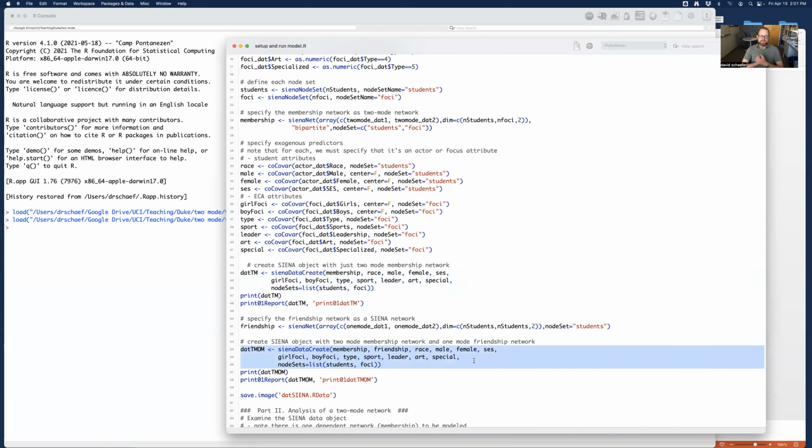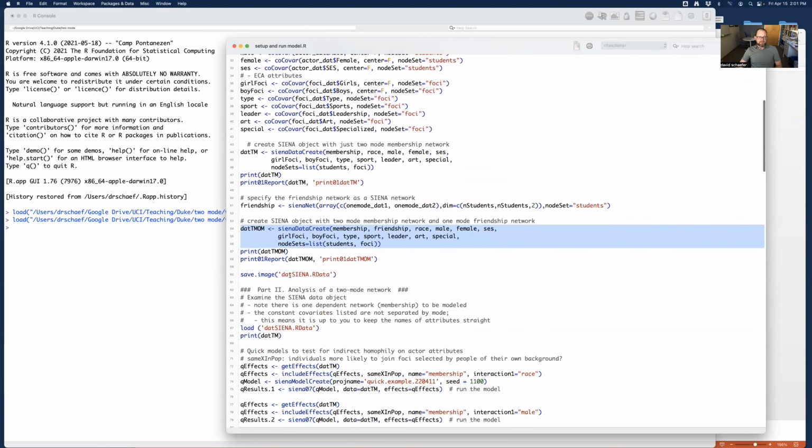Remember, any dependent network that you put into a data set at this step, Siena is going to want you to model it. So we can't use this data set that includes membership and friendship if we just want to model friendship, or just membership. We're going to get rate functions and outdegree effects for the other one, so it's easiest just to create a data set with the outcomes that you want.